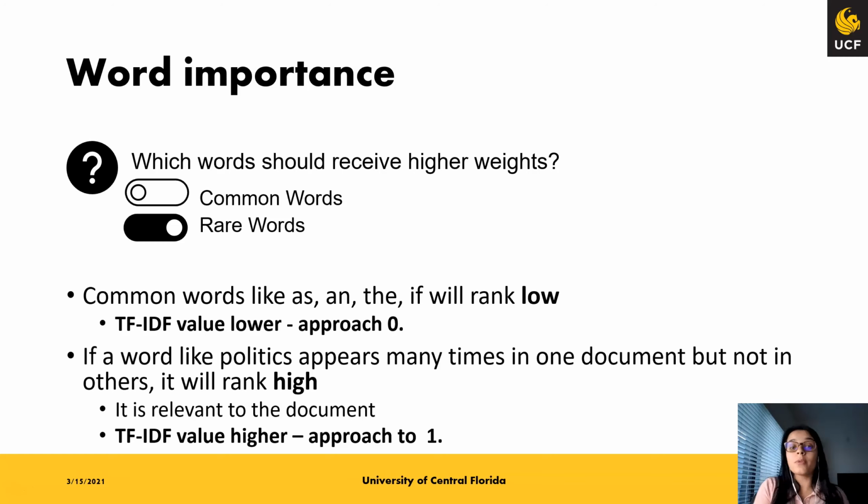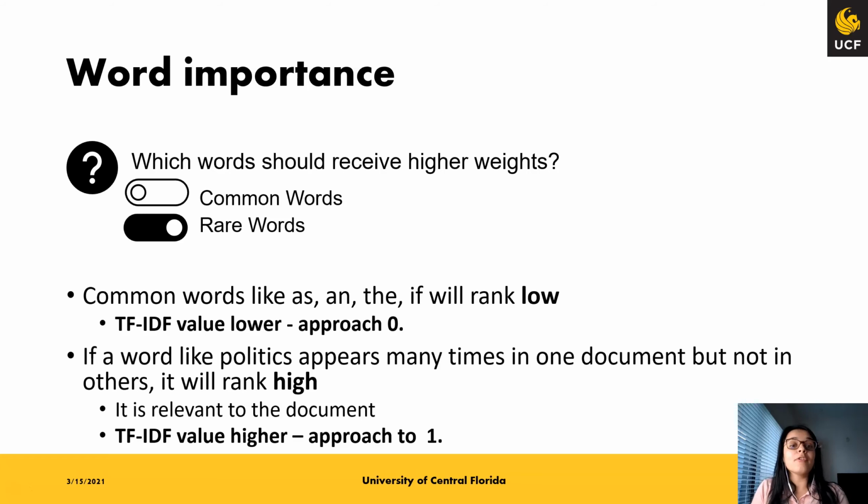And for the rare words, we will have the inverse, because if it's relevant to the document, we're going to have a higher log. Let's say we have 100 comments, and instead of appearing in 98 as a common word would, it will only appear in 3 of them.